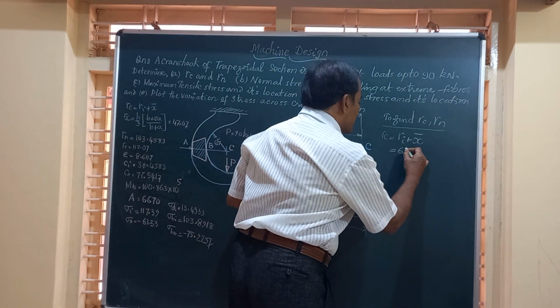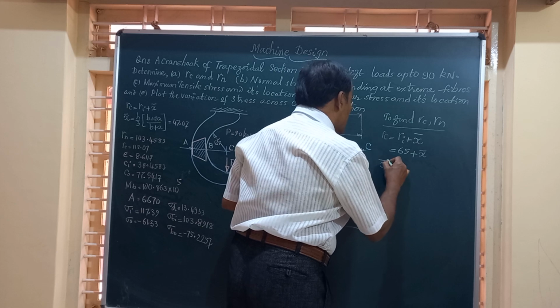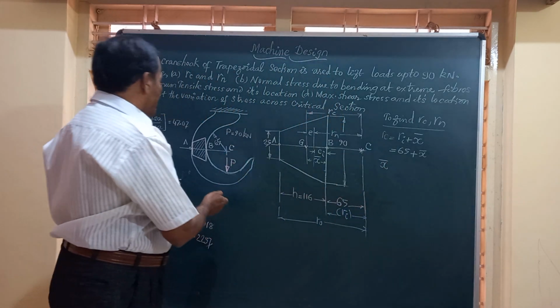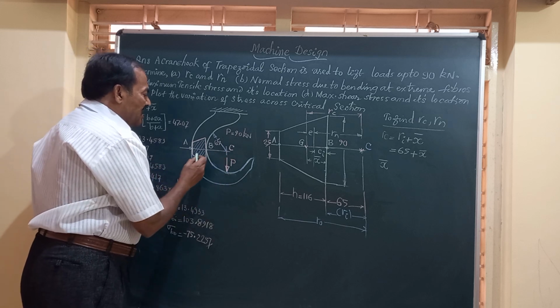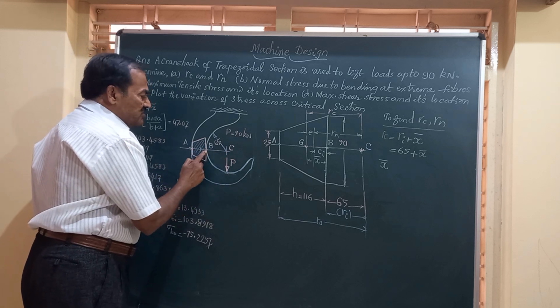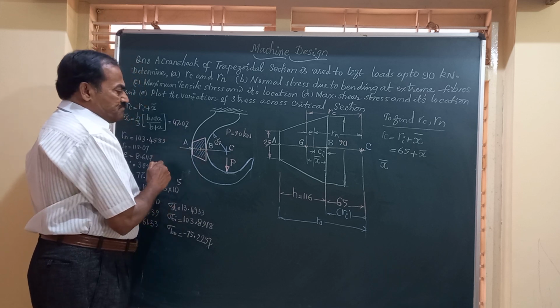So 65 plus x bar. Friends, what is this x bar? If you see this cross section, friends, this is symmetrical about this horizontal axis, and CG lies somewhere closer to the inner fiber. This is our x bar.